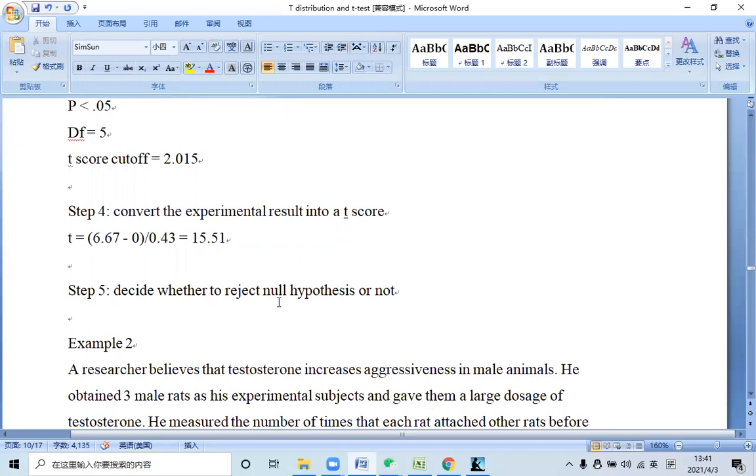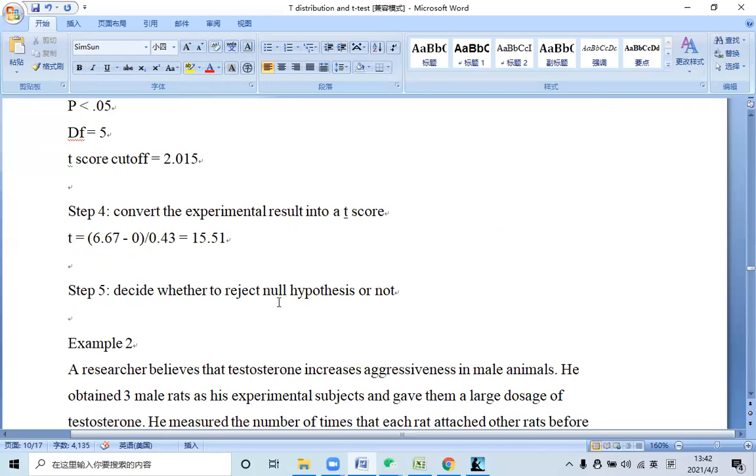We reject the hypothesis that there's no difference between people's fear before receiving treatment and after receiving treatment. And we support the hypothesis that people's fear after treatment is significantly lower than before the treatment.